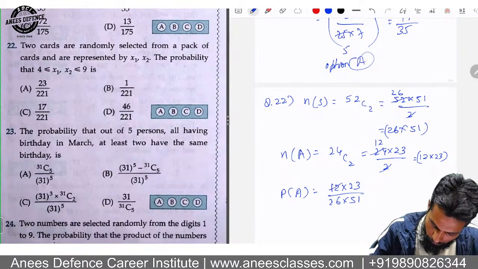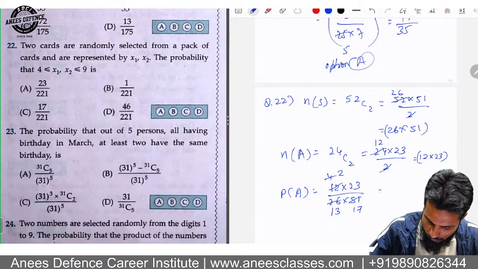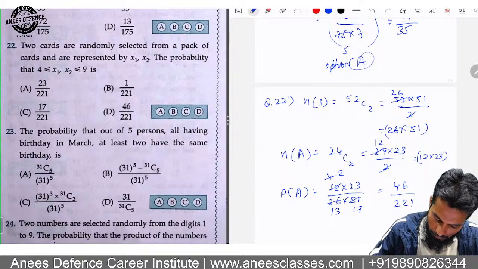Just cut it with this 3, you can cut 4 times, and 51 is 17 times. Then again 2, this is 13, then just multiply it. 23 into 2 is 46, and 13 into 17 is 221. So option D is correct.